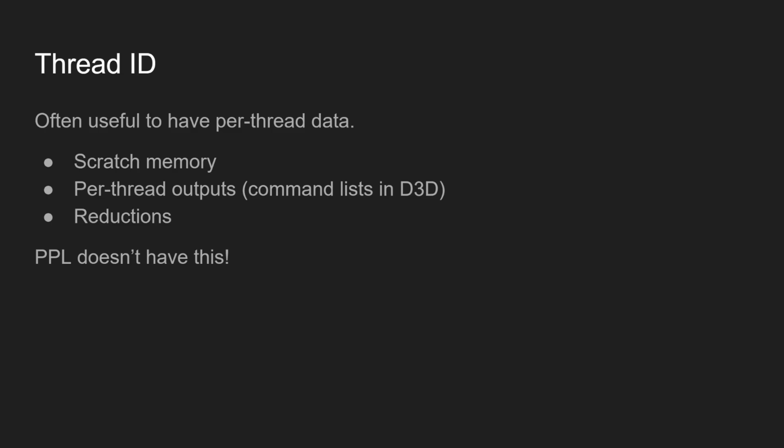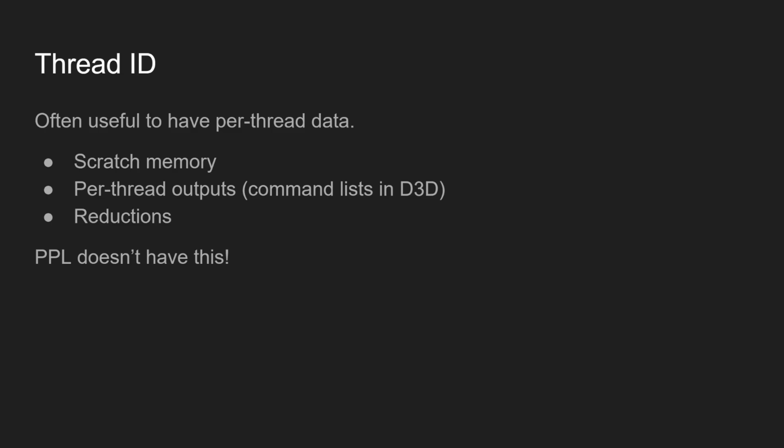Finally, it's important to have some sort of mechanism for specifying the thread ID. And this is simply the idea of having the index from 0 to n of which thread the work is running on. This can be useful for accessing scratch memory, for writing outputs that are generated per thread, for example, command lists in Direct3D, or for performing reductions.